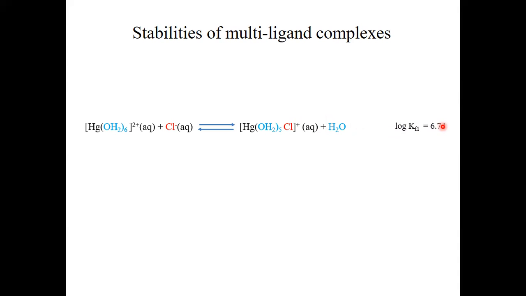Now, when we substitute for a second time, then we go from a pentaaqua complex, and I actually just see that I forgot the one chloro ligand here in this complex, so this one has been forgotten.